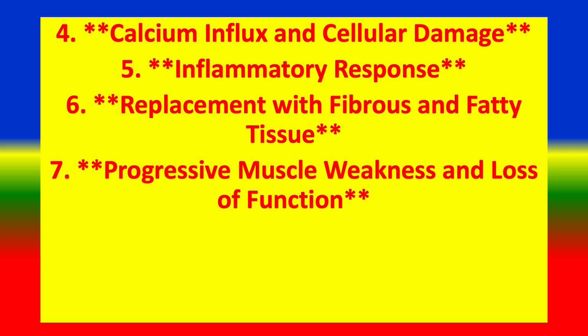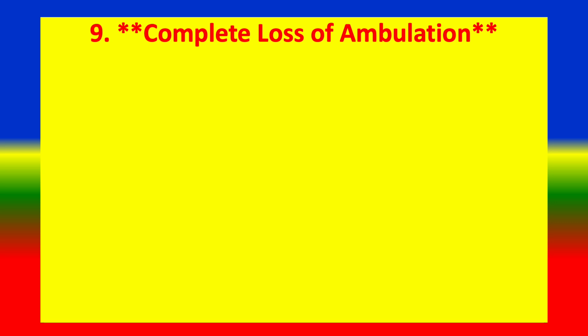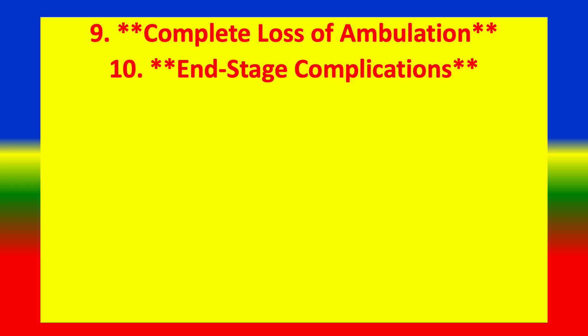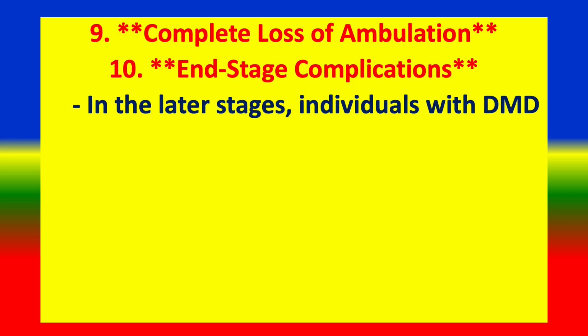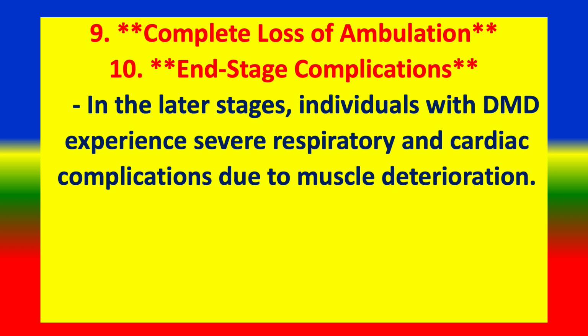7. Progressive muscle weakness and loss of function. 8. Cardiac and respiratory involvement. 9. Complete loss of ambulation. 10. End stage complications. In the last stage, individuals with DMD experience severe respiratory and cardiac complications due to muscle deterioration.